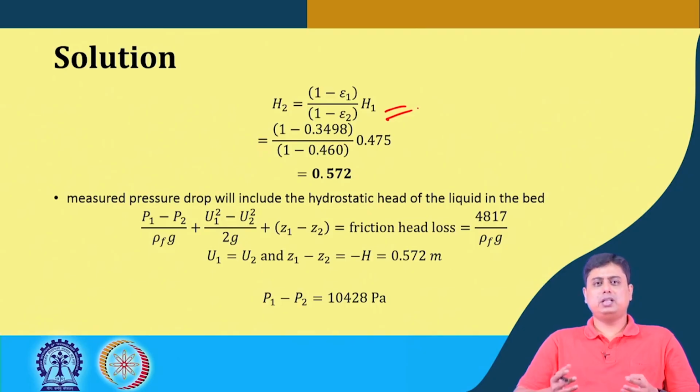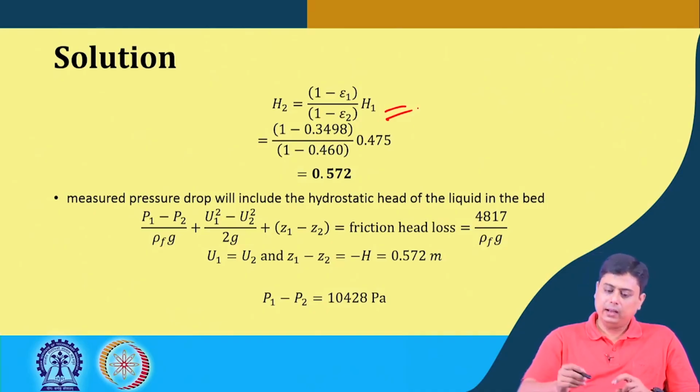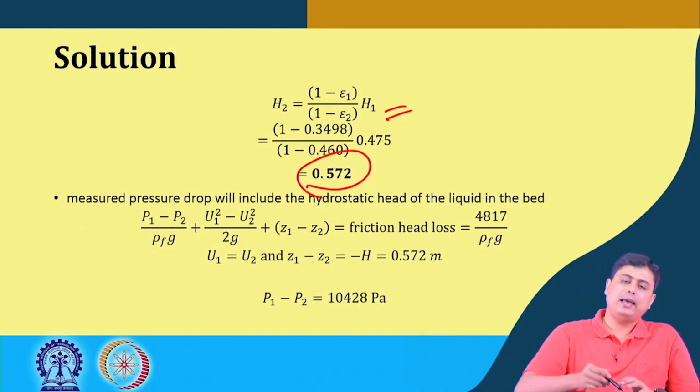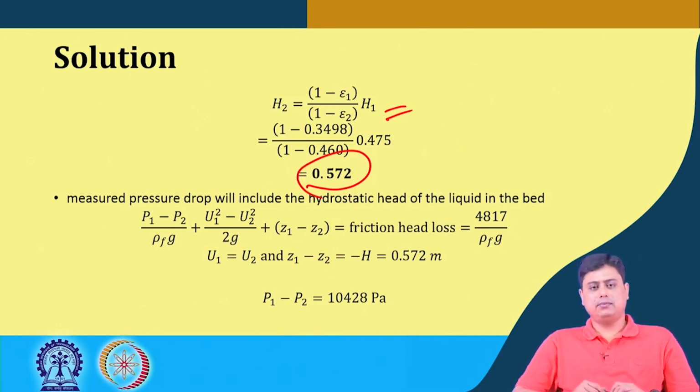In fixed bed condition H1 is known, we have to find out what is H2. We do that and we get the value of 0.572 meter, which is the bed height when the superficial velocity is 1 centimeter per second.